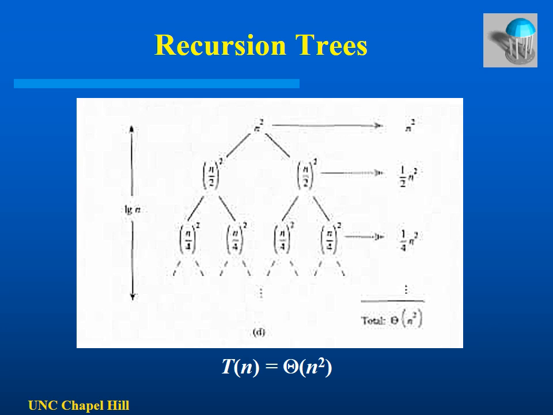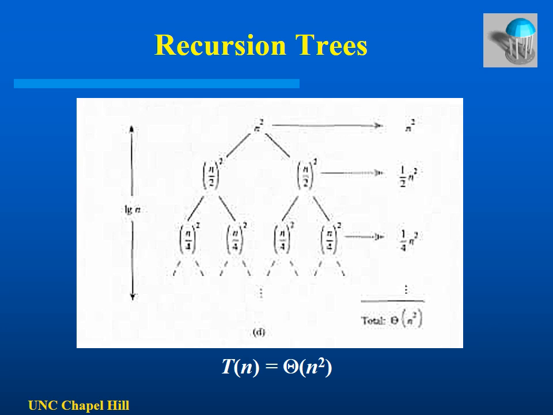At the third level, we have n over 4 squared 4 times. That is to say, we have 4 times n over 4 squared, which is n squared over 4. And you can see that the next level will be n squared over 8, and then the level after that, n squared over 16, and so on. And so summing over all the levels, if we had an infinite number of levels, it would be 1 plus a half plus a quarter plus an eighth plus continuing on forever, times n squared.